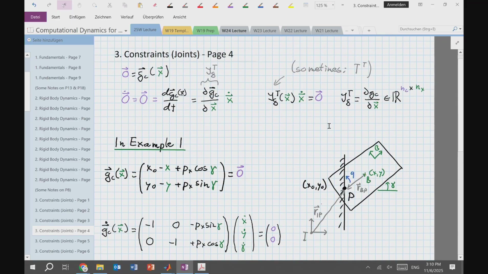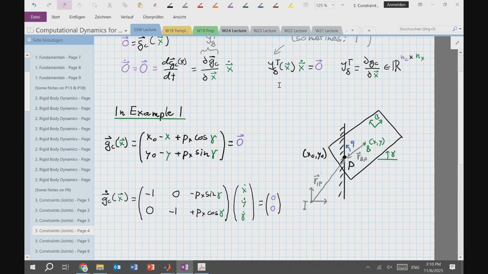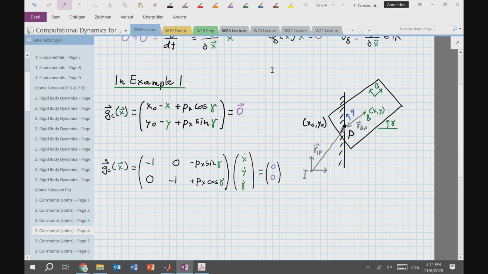So the way you should read this constraint equation is as a bunch of dot products where the velocities that we can get have to be orthogonal to the rows of JG transposed, or if I look at JG, orthogonal to the columns of JG. So the columns of JG describe basically the directions in which I cannot move. So JG describes the constrained subspace.